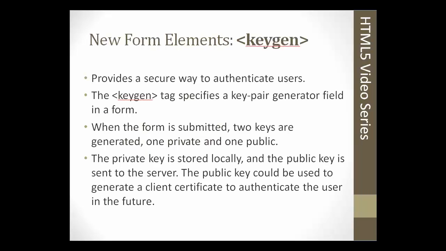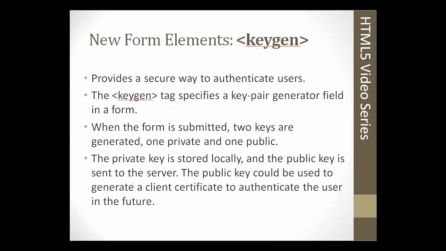Next we have the keygen form element, which is pretty advanced. It's a client-side way to authenticate users. You'd probably want to use something else as well, maybe some PHP or some kind of server-side programming. It specifies a key pair generator field in a form. When the form is submitted, two keys are generated, one private and one public. The private key is stored locally and the public key is sent to the server, so it does have some server activity.